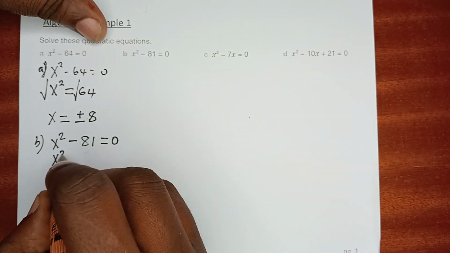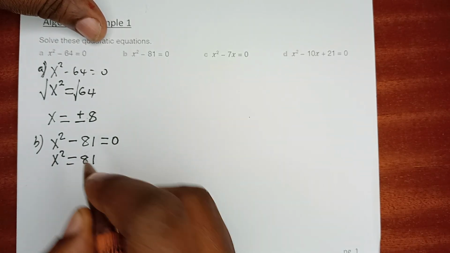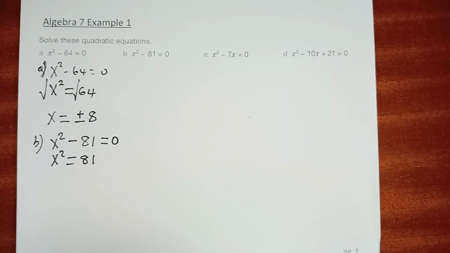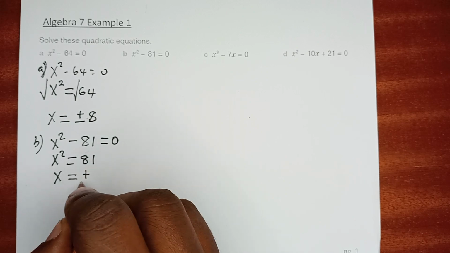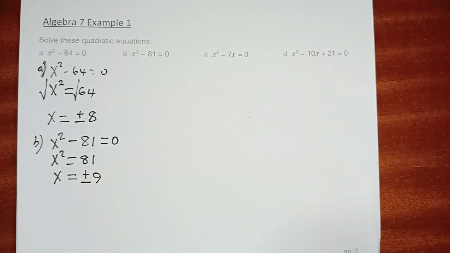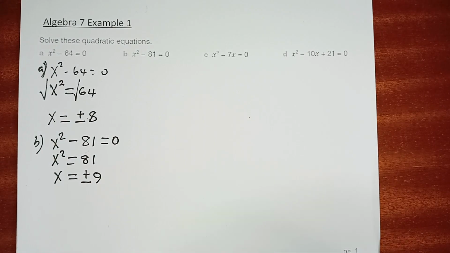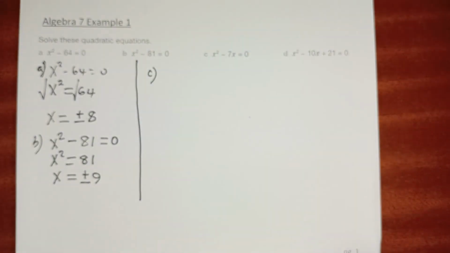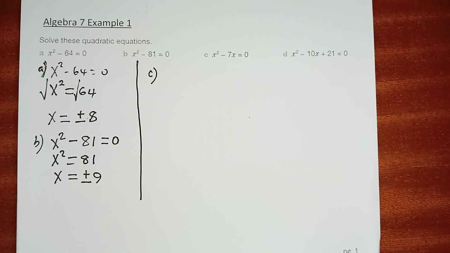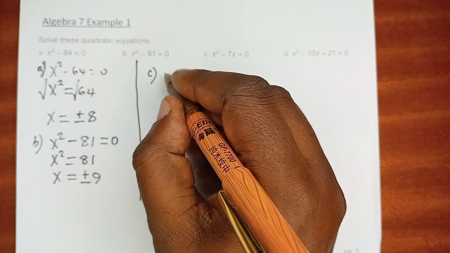So we will have x squared is equal to 81, and again taking the square root from both sides, we are having x is equal to plus or minus 9. Let us go to part C of the question, which is a bit different.